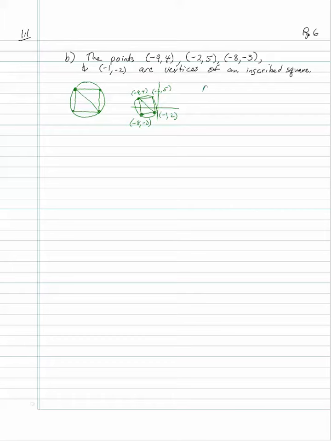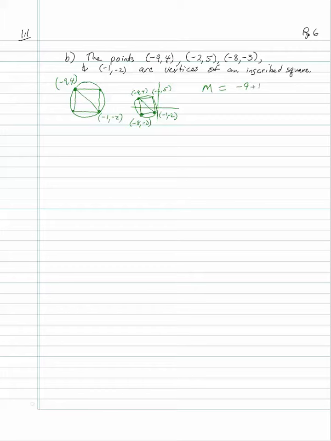Okay, so the midpoint between negative 9, 4, and what was this point? Negative 1, negative 2, is going to be your center. So you're going to add them.